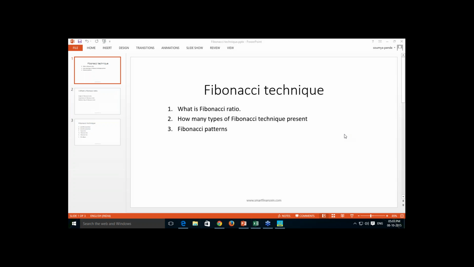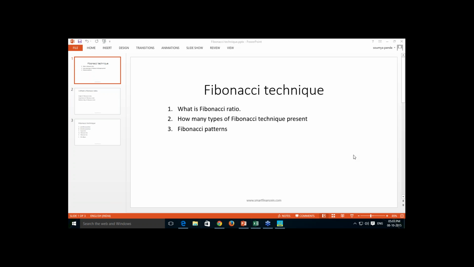That will come in the last part. Though it was not part of today's curriculum, I'll add this new thing in the post Fibonacci analysis. Let us form one option strategy today. That is what we are going to learn.